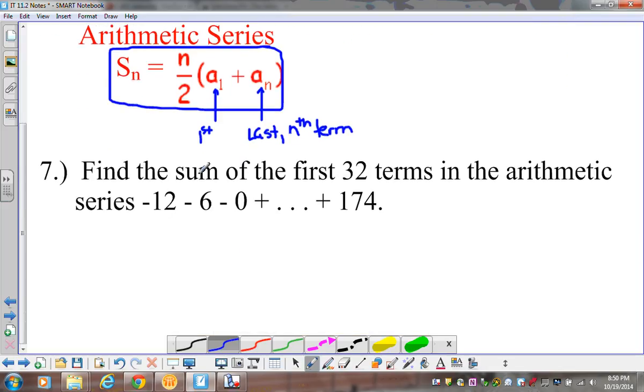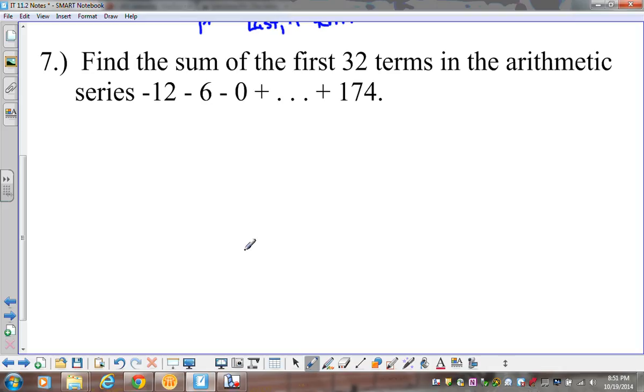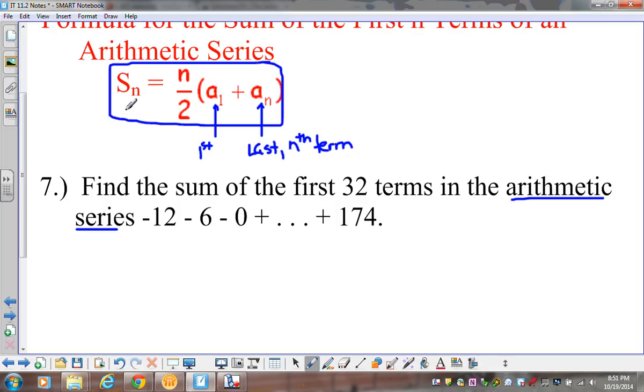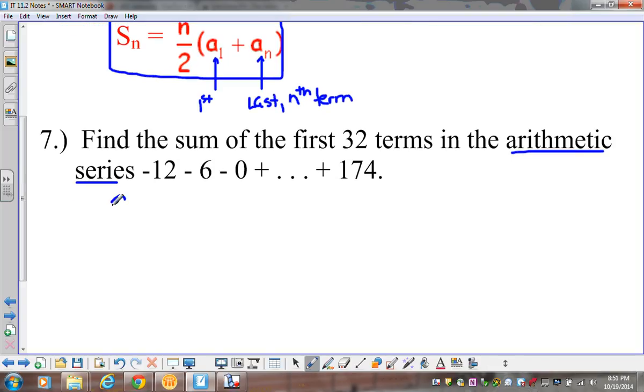It says find the sum of the first 32 terms. So I know it's an arithmetic series. Once again, arithmetic and series tell me to use this particular equation. I'm going to be using S sub n equals n over 2 times my first term plus my last term.